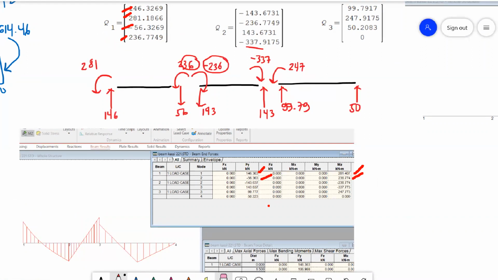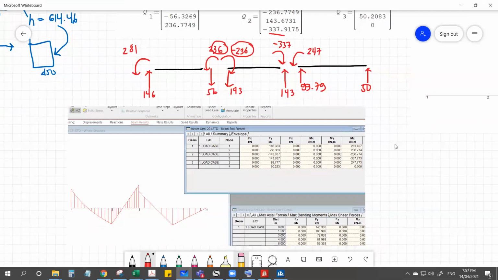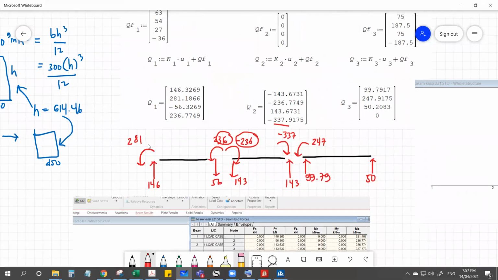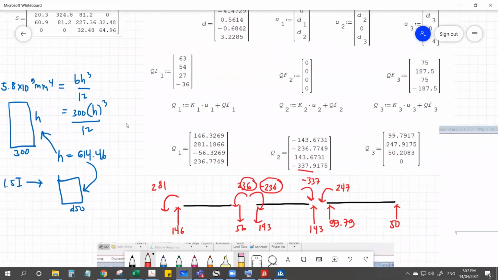Member 2, node 2, 143, 236. And 143, 337. 99, 247. And 50, 0. So that means this is consistent with our STAAD model and our SMAT code.